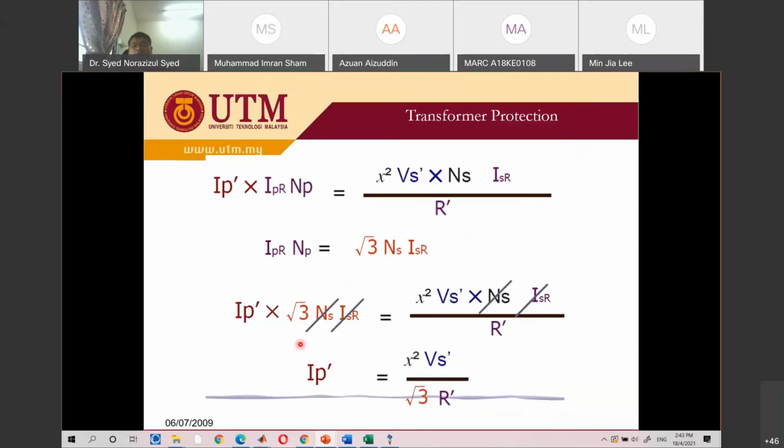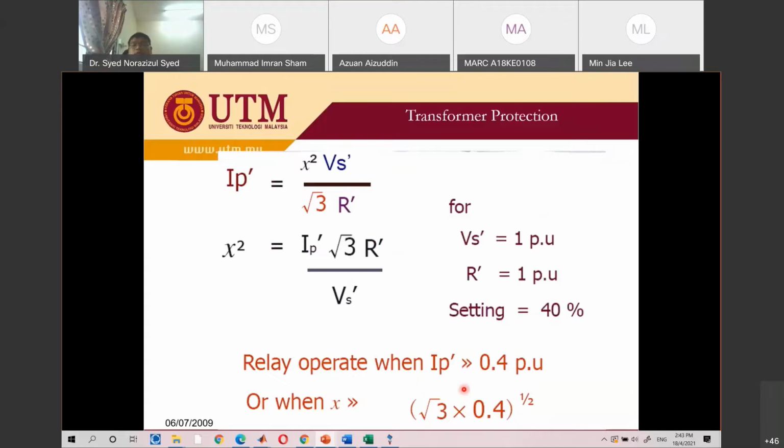The final result is IP prime equals x squared VS prime divided by Z3R prime. Then we can also say that x squared equals IP prime Z3R prime over VS prime, where VS prime is equal to 1 per unit and R prime equal to 1 per unit.